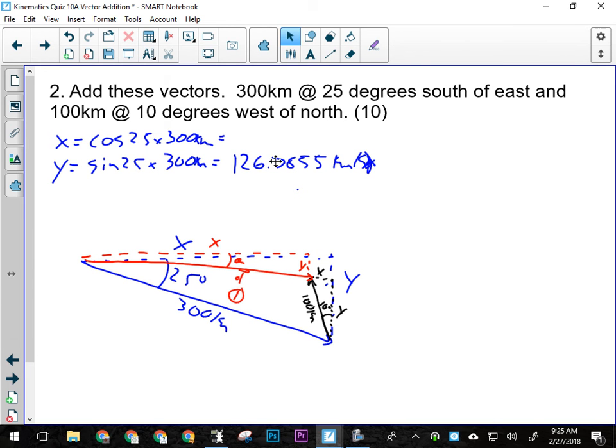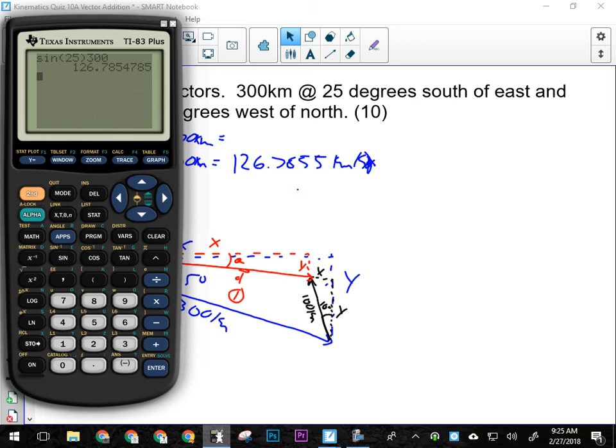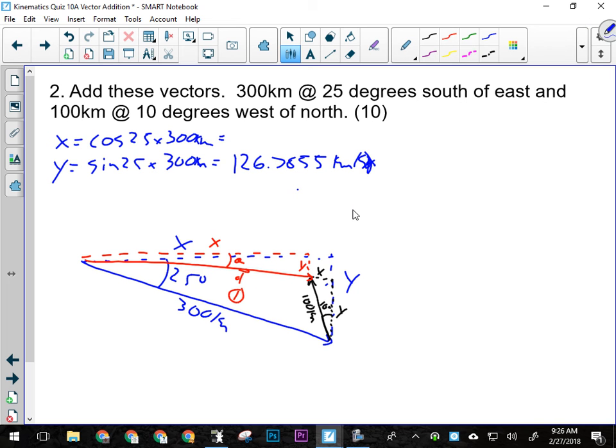Okay, x is cos, so I should do that right. Cos of 25 times 300 is 271.8923 kilometers, that one's east. All right, so now I've got the two sides of my blue triangle, 1 mark each for those.